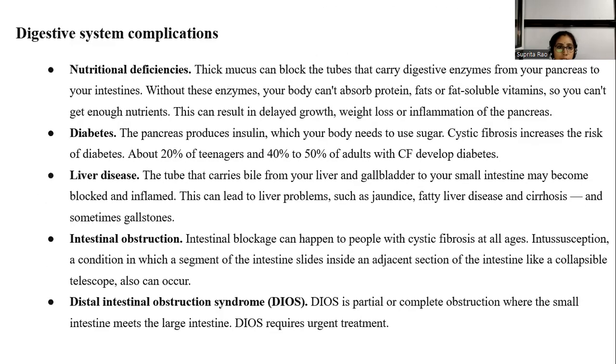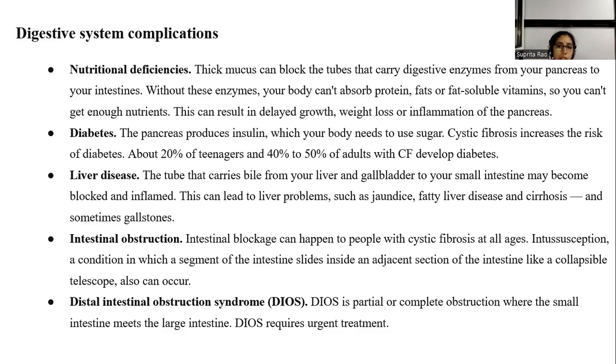Then we come to digestive system complications. We see a lot of deficiencies in these people because the absorption and uptake of nutrients is less than optimal. The mucus generated in the intestinal system is not doing its function; rather, it is blocking the cells at the intestinal lining from taking up the nutrients.